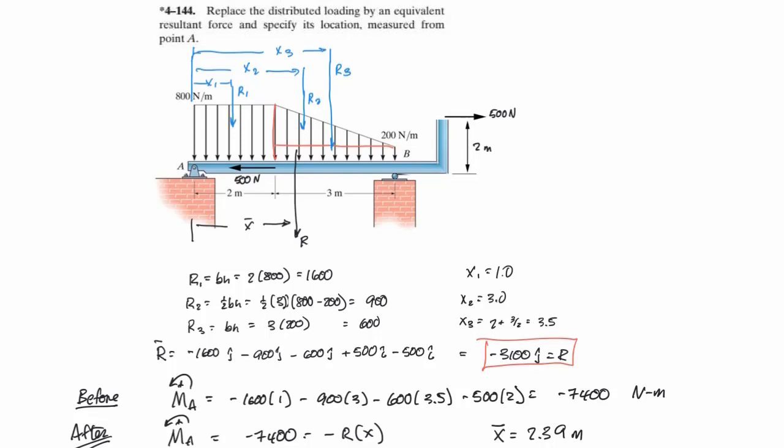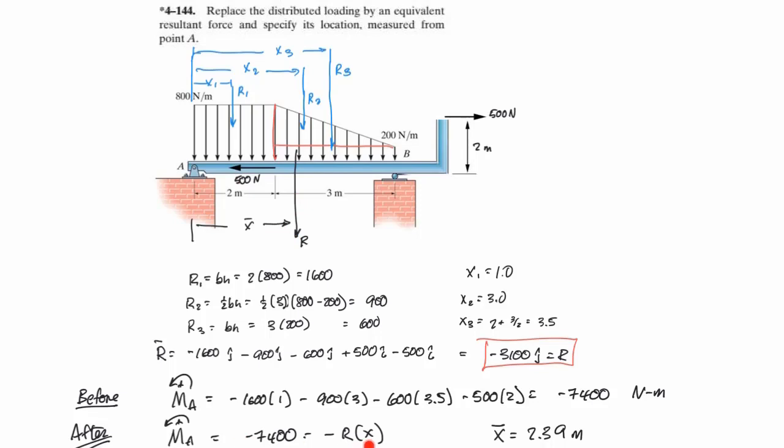Okay, then what we've done is computed the moment before. The moment before is going to be this 1600 times x1 minus this 900 times x2 minus this R3, that would be 600 times x3, and we also have this couple, and this is also going in this direction, so it would be 500 times 2, and that's what I've computed, so that would be negative 7400, and that's going to be equivalent to the moment afterward, which is the resultant force times x bar.